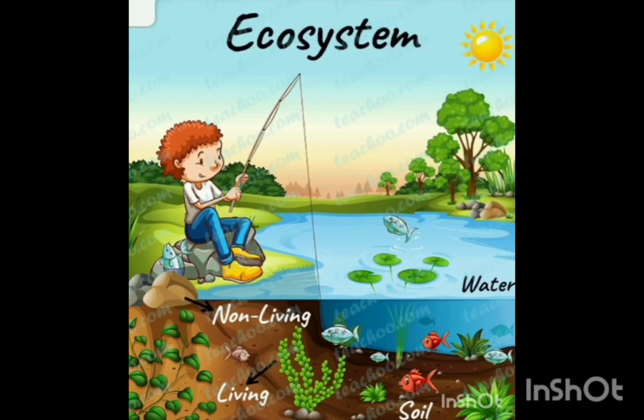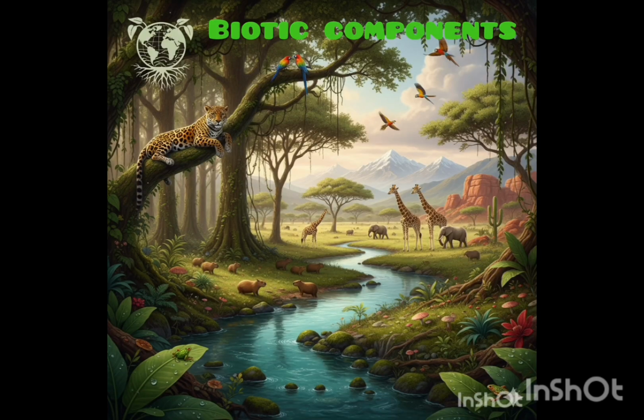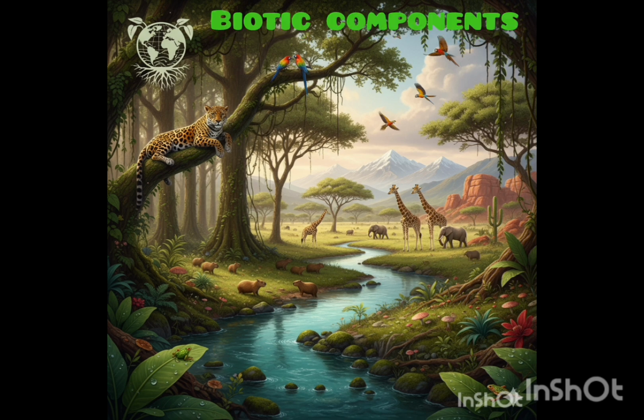What is ecosystem? Do you know? It is the structural and functional unit of ecology, where the living organisms interact with each other and the surrounding environment. Now, an ecosystem has two types of components, biotic and abiotic.